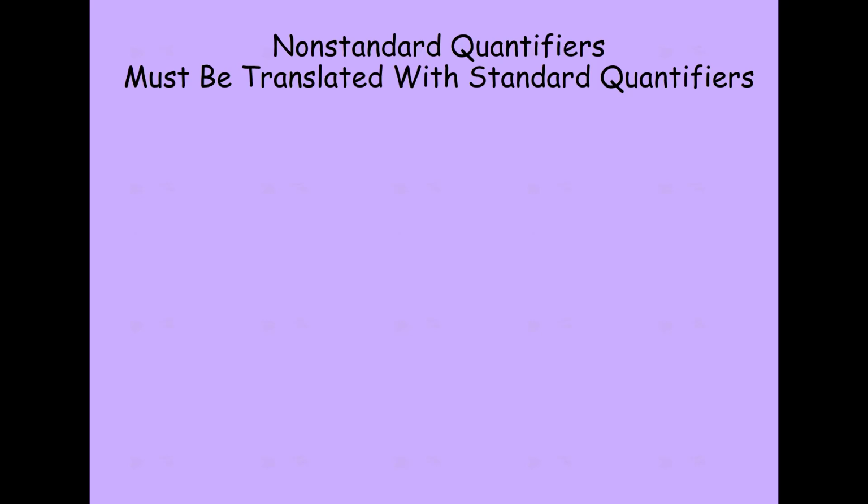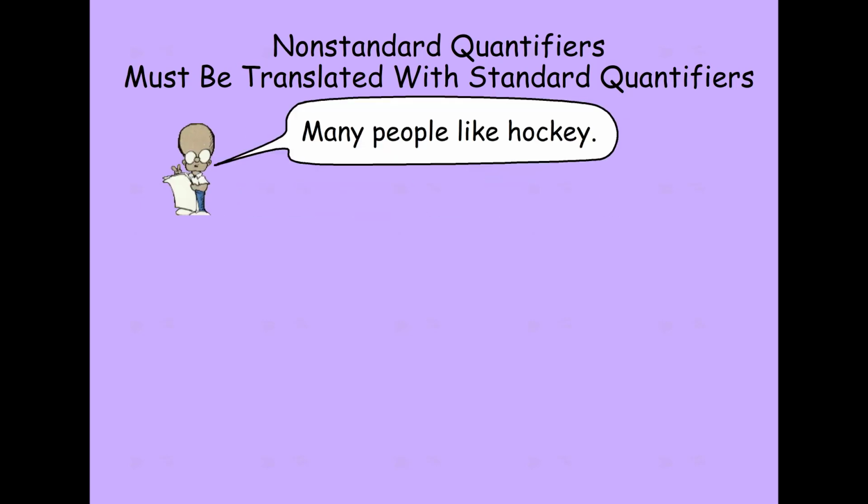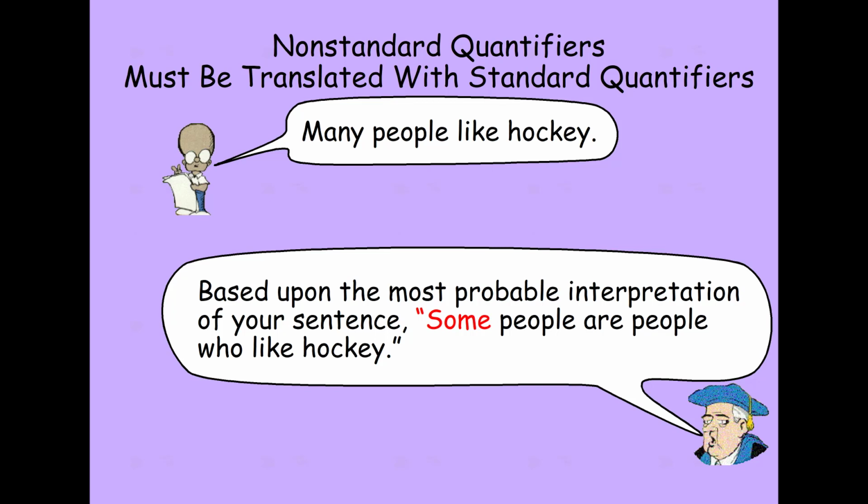And so we have to try and cram all of those quantities into an appropriate quantity in our formal language. So for instance, many people like hockey. Well, many isn't one of our quantifiers, so we're going to have to change it in a way that's consistent. So if many people do, at least one does, and so we're probably best off saying some people are people who like hockey.